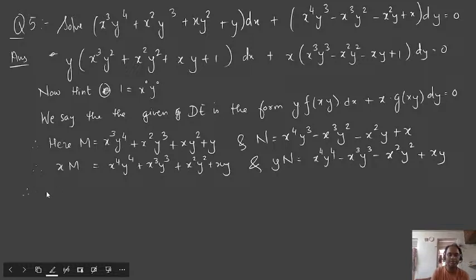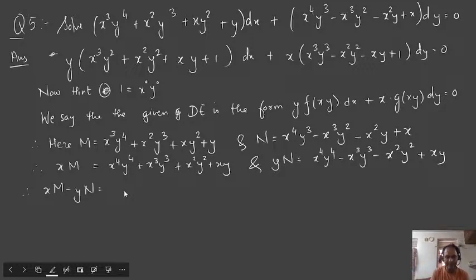Now first you check whether the quantity xM minus yN is equal to 0 or not, otherwise we have to see something else. So let us see whether that becomes 0. No, it doesn't become 0.